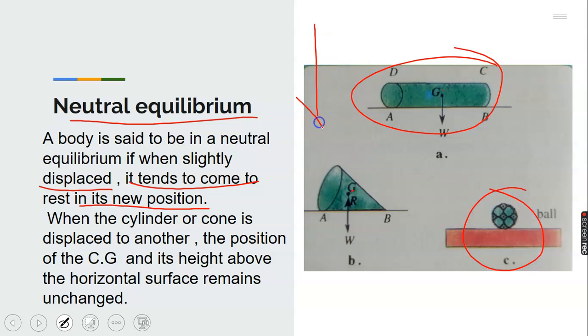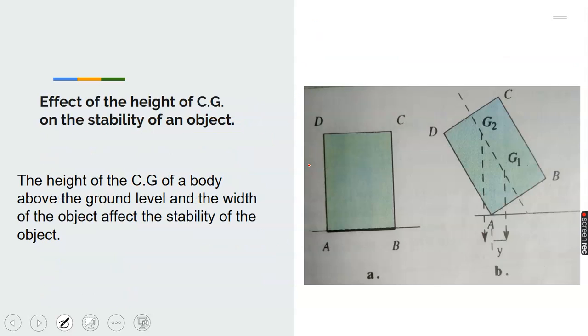Therefore, such an object is said to be in neutral equilibrium, unlike the ones we have been talking about before. When a cylinder or cone is displaced to another position, the height of the center of gravity above the horizontal surface remains unchanged. That is, the position of G remains unchanged after it has been displaced from its original position.